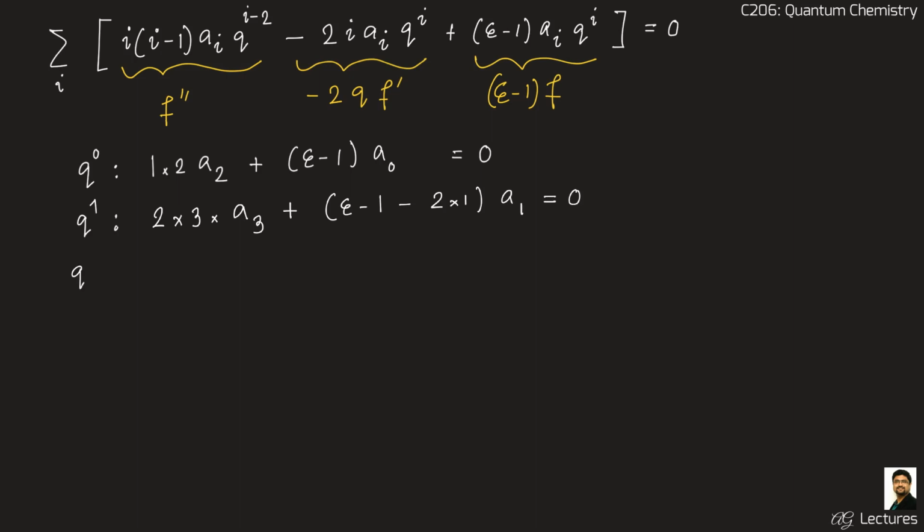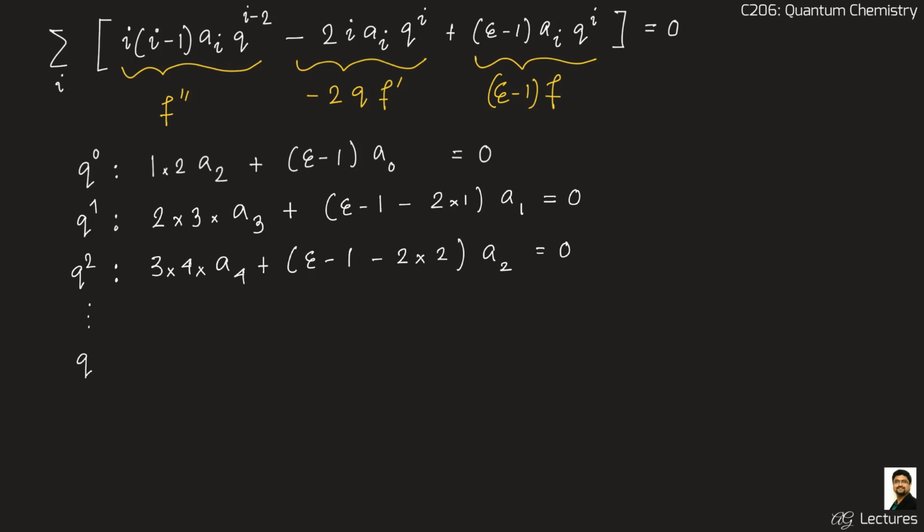Similarly, we can calculate different coefficients. This is going to be 3 times 4 times a4 plus epsilon minus 1 minus 2 times 2 a2 is equal to 0. And we can get a pattern.